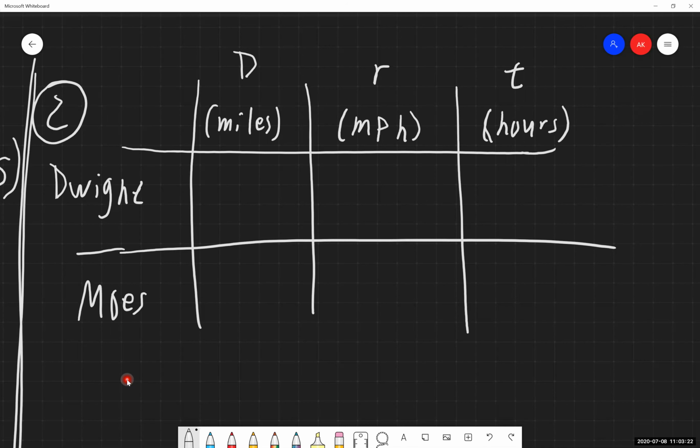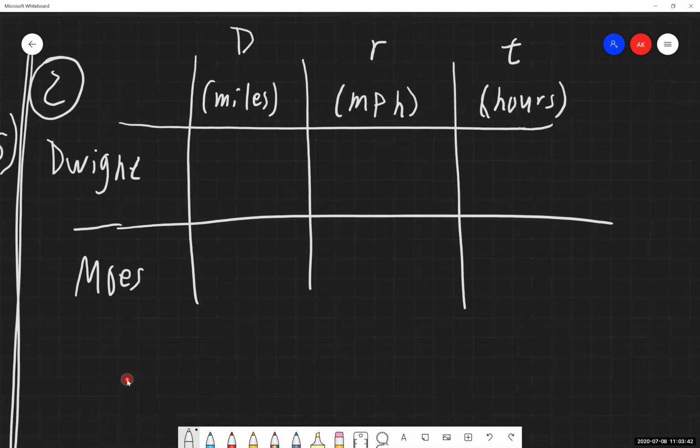So we've been told Dwight works in Scranton, 234 miles from his farm. So the total distance they're going to be traveling could be 234. Now the problem that we have here, though, is that the distance that they traveled isn't going to be 234.